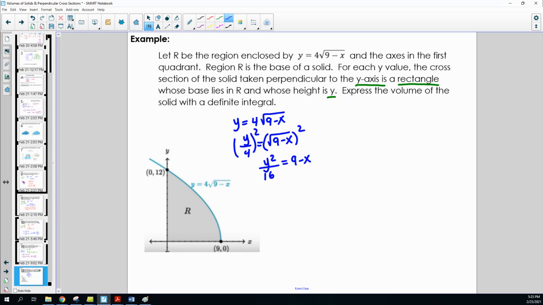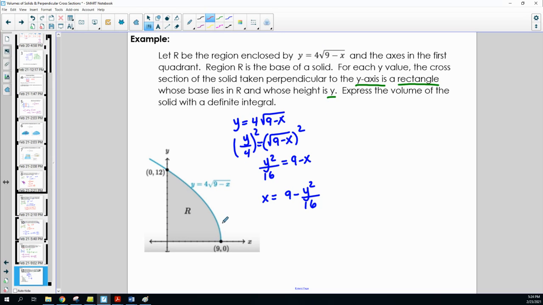And then to get x by itself, I'm going to move the 9 over and then divide by a negative. So I'm going to get 9 minus y squared over 16. So this is the function I'm going to be using because now it's in terms of y.